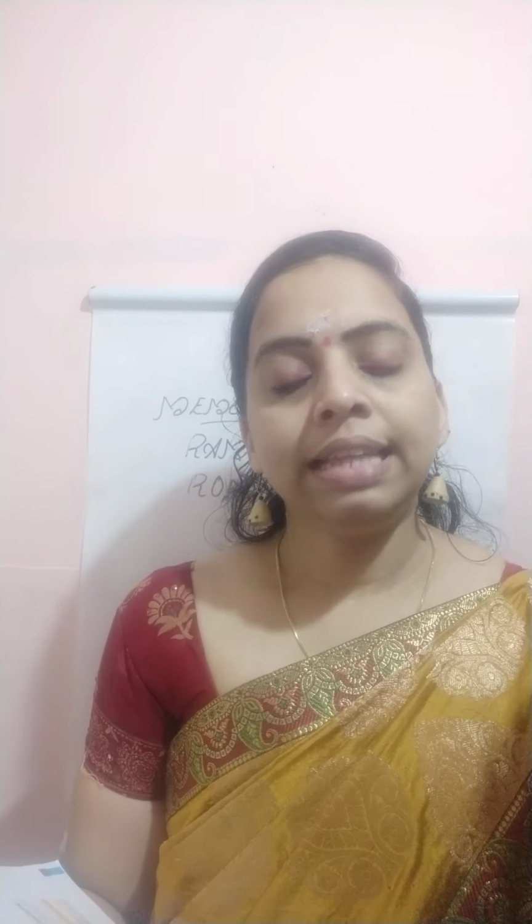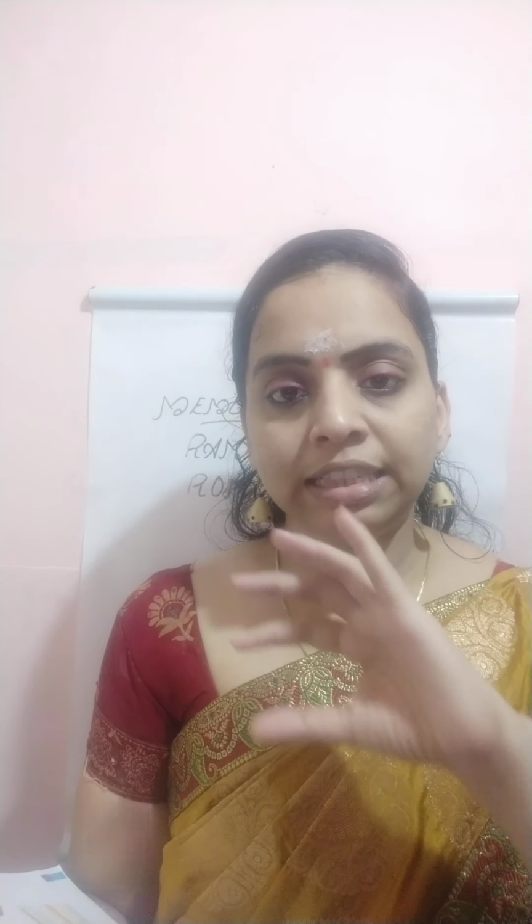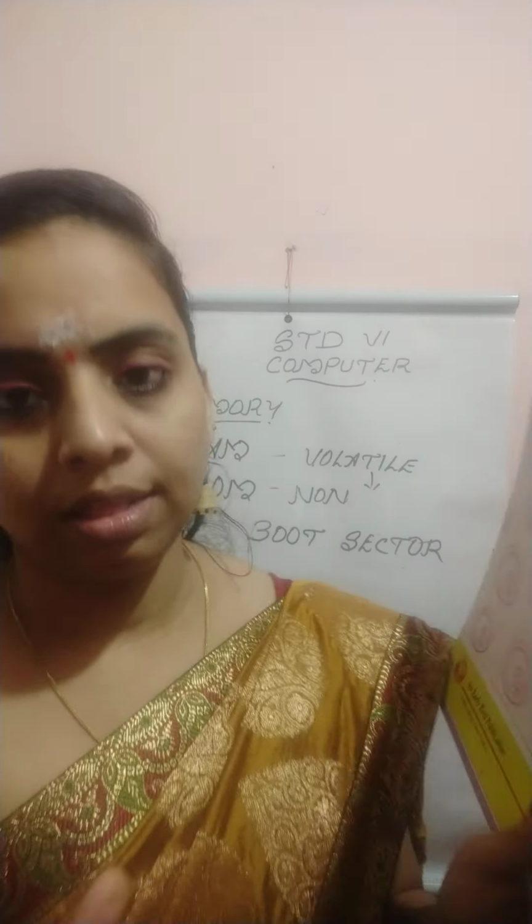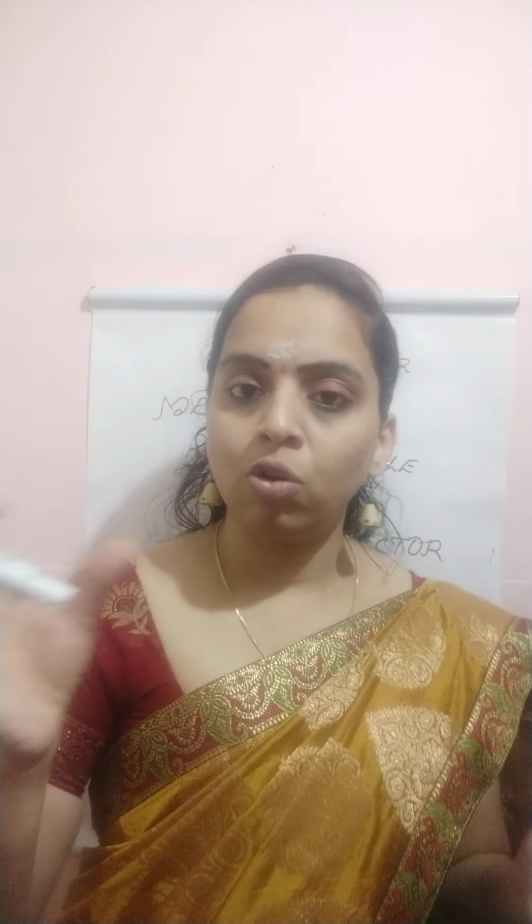This floppy disk is actually made of plastic, and magnetic particles are coated in that plastic. Look, this whole part is made of plastic, and inside it some magnetic particles are coated, and all the data is stored in these magnetic particles.